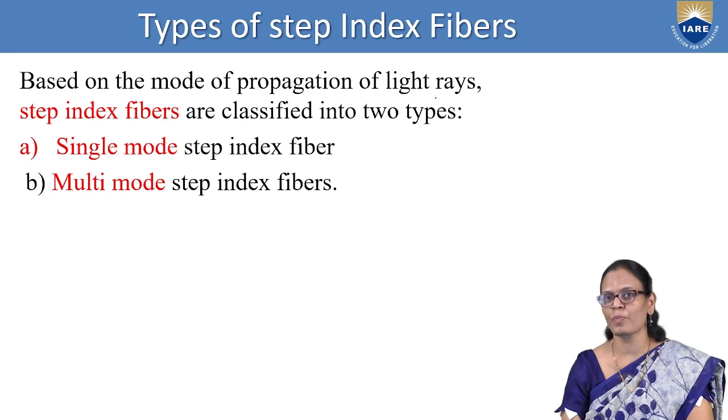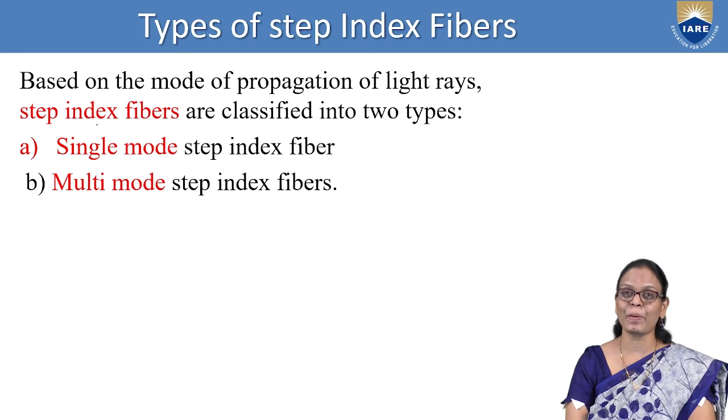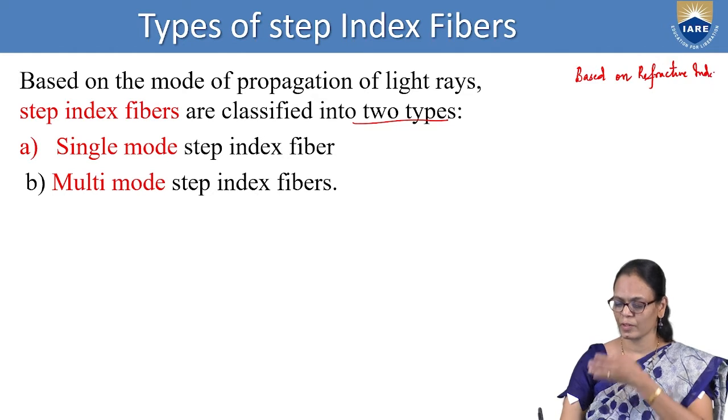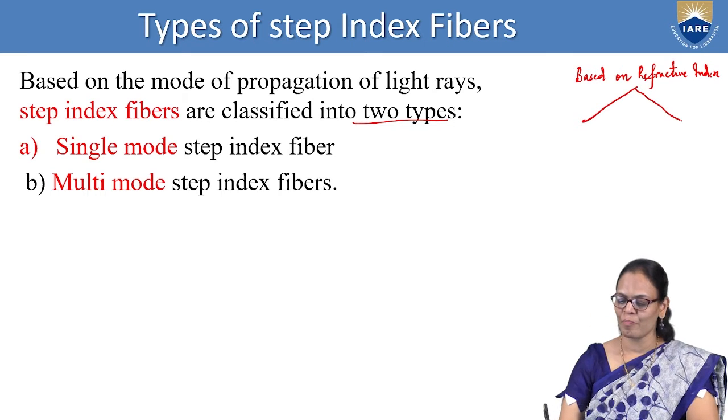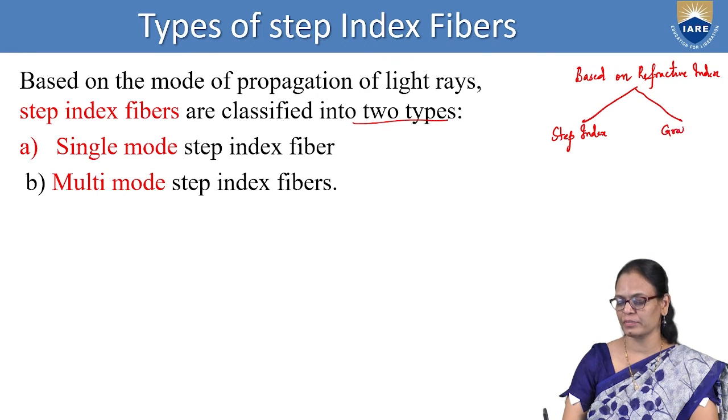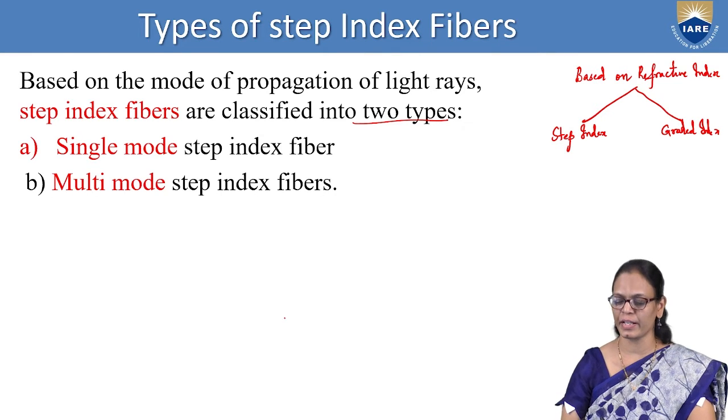Based on the mode of propagation of the light rays, the step index fibers are again classified into two types. What we have seen, the classification here is based on refractive index: we have step index and graded index.